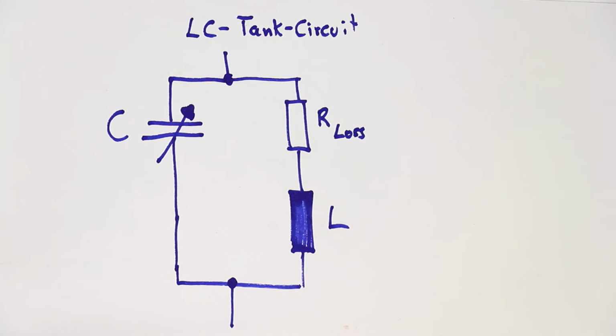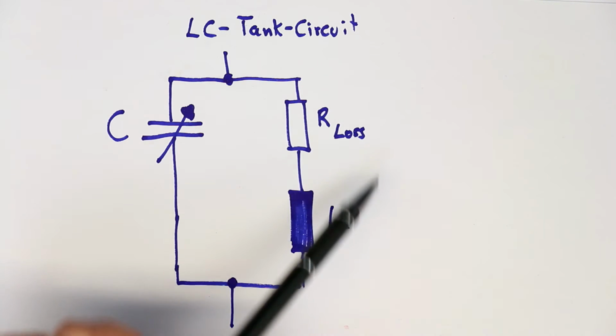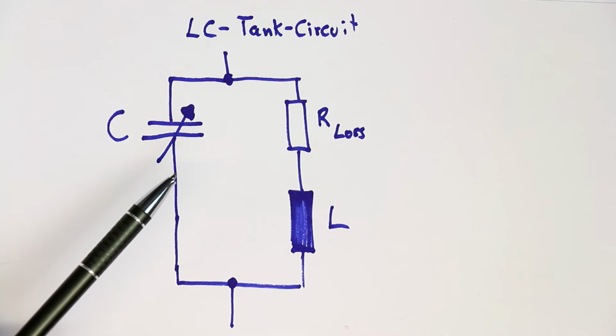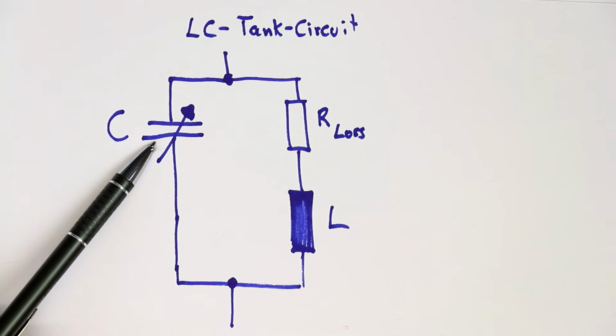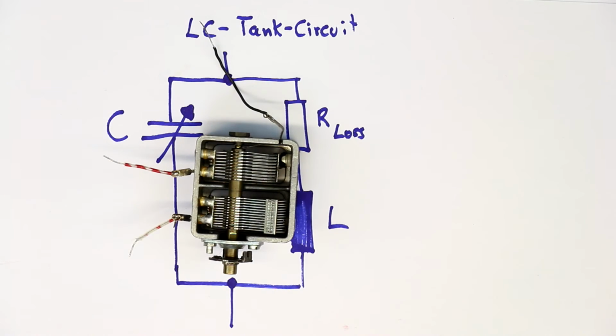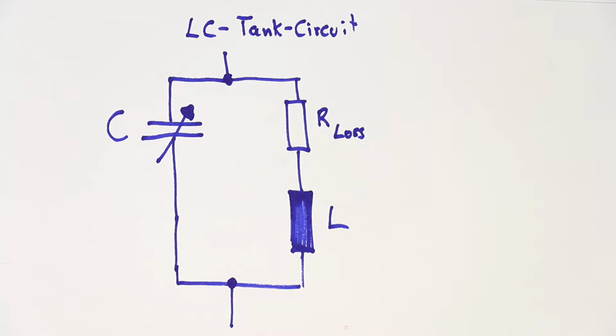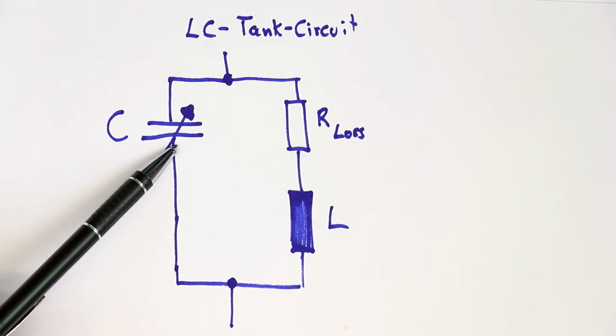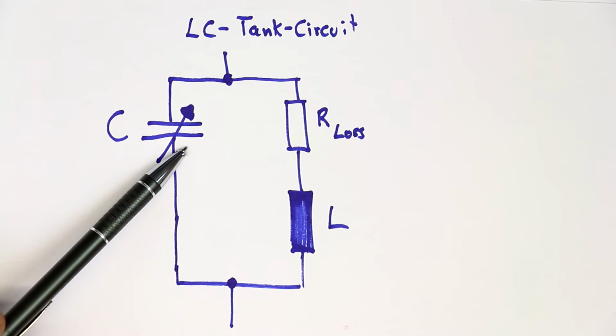So let's first of all take a look again at how a lossy LC tank circuit looks like. We have our capacitor, usually a variable capacitor like this one here, which we first of all look upon as lossless, so as an ideal capacitor.